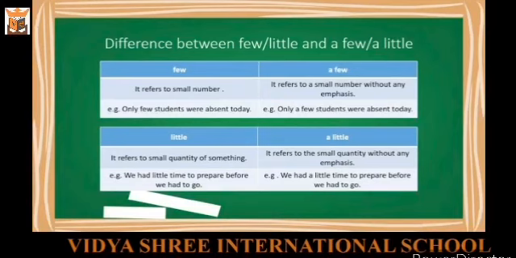For example, we had little time to prepare before we had to go. Here we are saying that we didn't have a lot of time before we had to go. But in the second sentence, we had a little time to prepare before we had to go. We are saying that we had some time in hand.